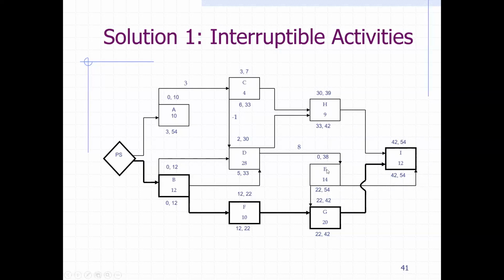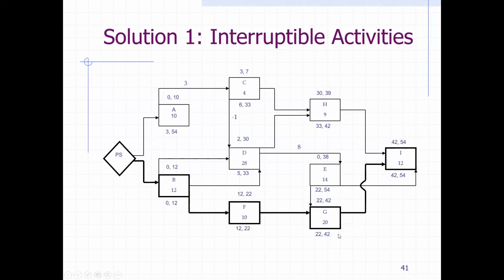And then E, because we have finish to finish, then the late finish of E is 54, just like I, because E and I will finish both at the same time, subtracting the 14, it gives us 22. That's the latest start, which is also the early start of G, because they go together. And the same here is 42.